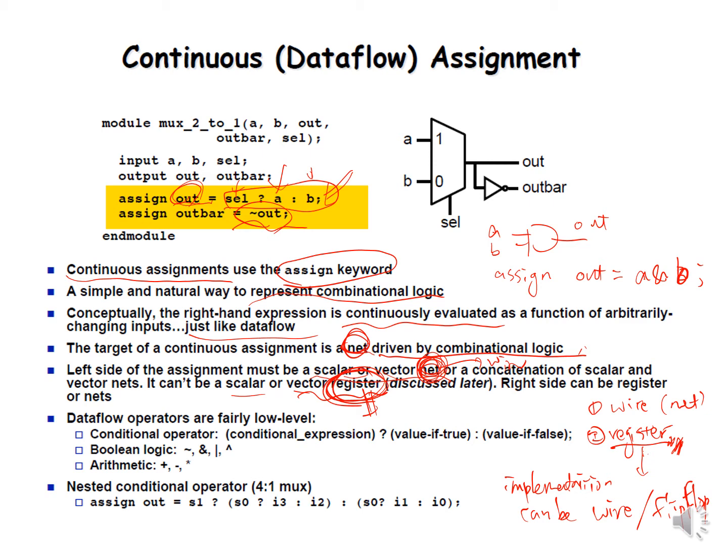If you want to describe the behavior sequentially, then we have to define the signal in register format and use that signal assignment inside the always statement. We will see the always statement later. For now, we are focusing on the wire only. The net assignment is always done by the assign statement here.